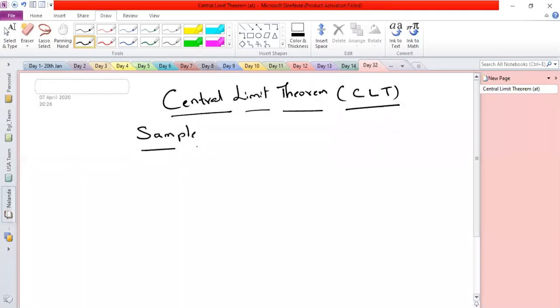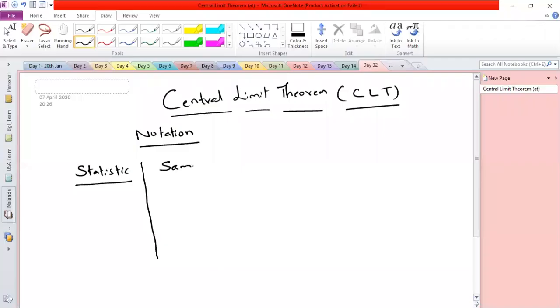This is sample. Let me write this as statistic: sample, and this is population.